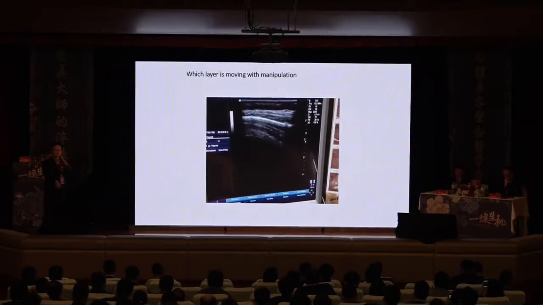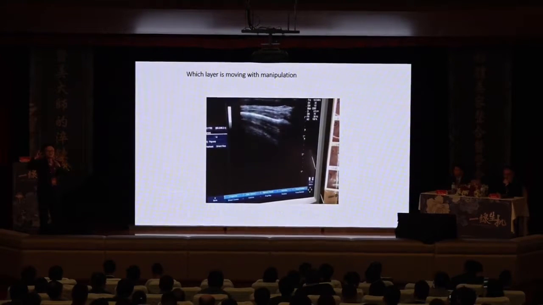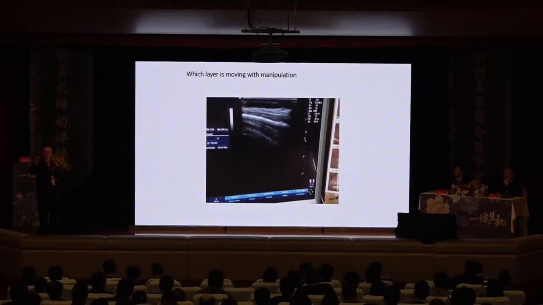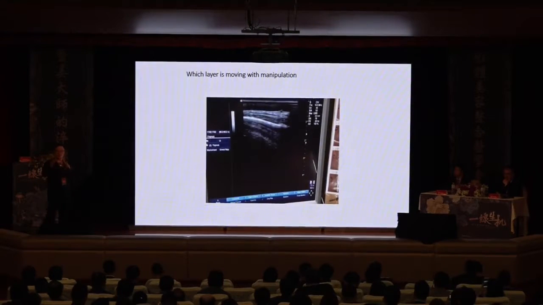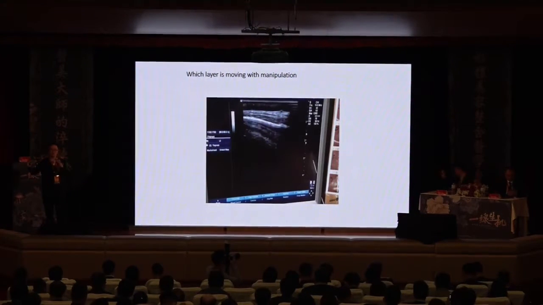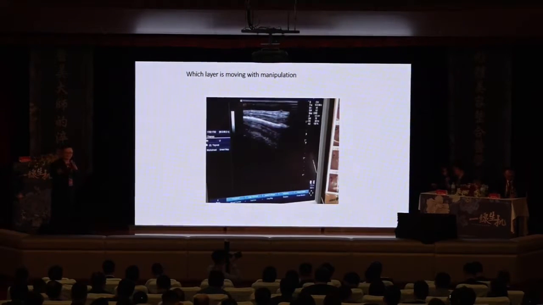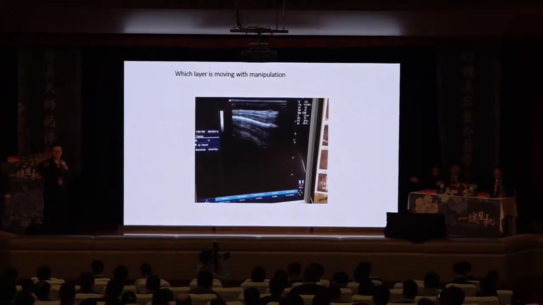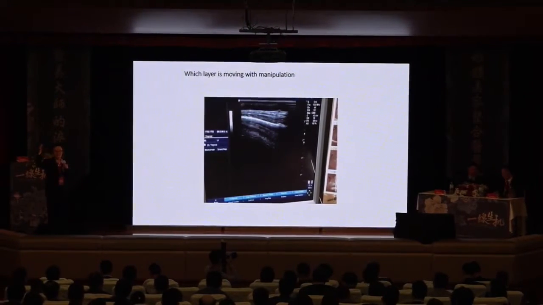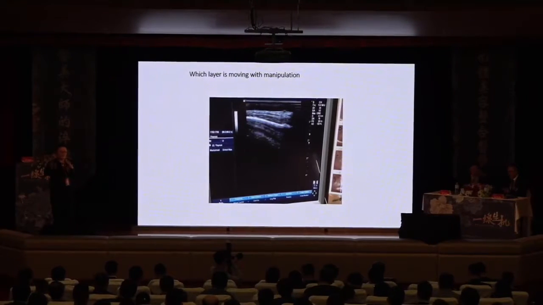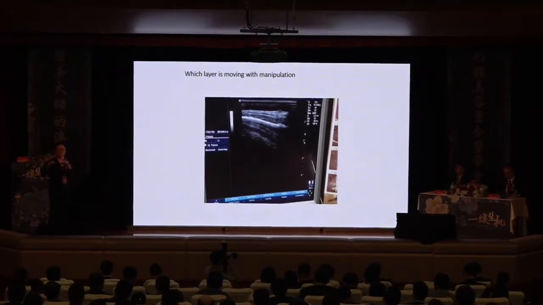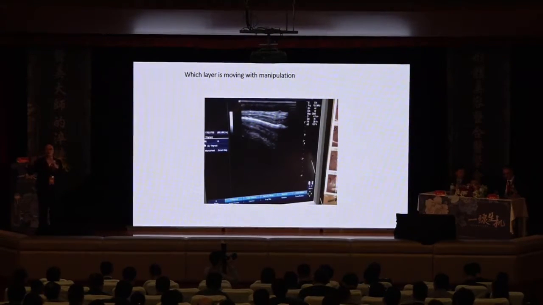The movement is mainly under the superficial temporal fascia, at the innominate fascia, layer 4. Layer 4 is more movable than subcutaneous tissue at the temple area. It's very important. So if we want to do the so-called lifting from this temple area, we must try to move layer 4 and somewhat layer 2.